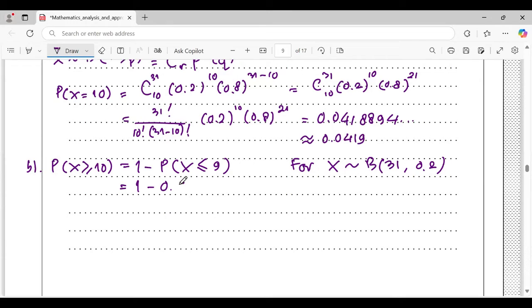The number is 0.92540. And if you calculate it, it equals 0.0746 approximately, which becomes 0.075. Right, now part C.